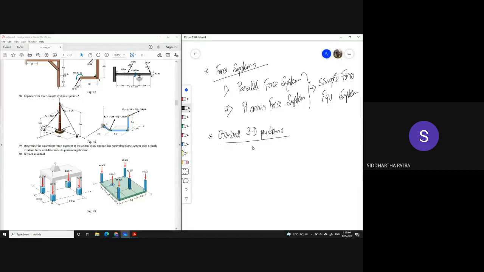So in general, if there is a rigid body on which multiple forces are acting, let's say F1, F2, F3, and also certain couple moments are acting, that can for sure be reduced into an equivalent system wherein there is just a single resultant force R and a single resultant moment.